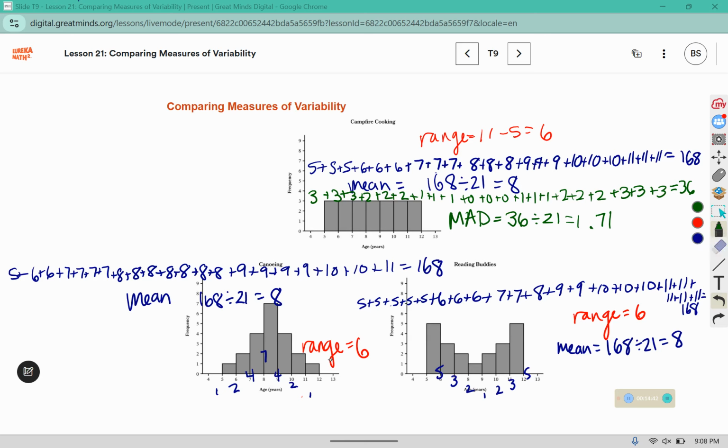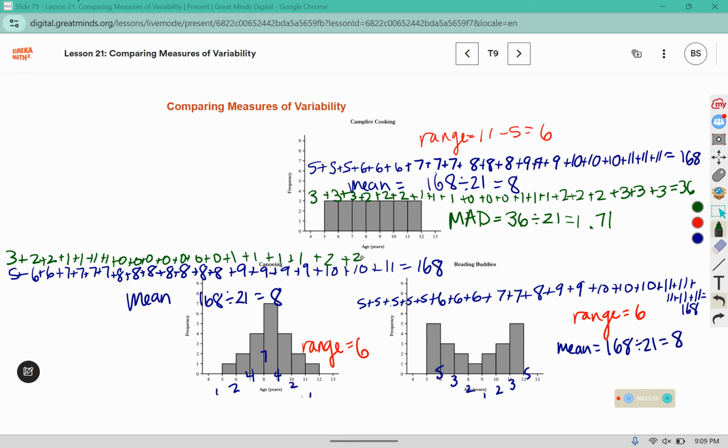For here, to get from 8 to 5, that's a difference of 3. 6 and 8 are 2 away from each other. 7 and 8 are 1 away, and there are 4 of those. 8 and 8 are 0 away. 9 and 8 are 1 apart. 10 and 8 are 2 apart.